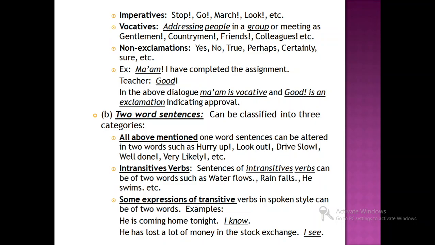Transitive verbs are those where the action is passing to an object. Is that clear? Where there is an essentiality to have an object at the end, where the action can end, like I kick a football. So football is must to add at the end. If you say I kick, this is not looking appropriate. This does not seem to be a complete sentence.